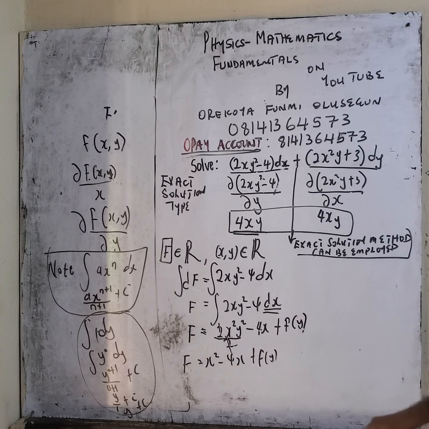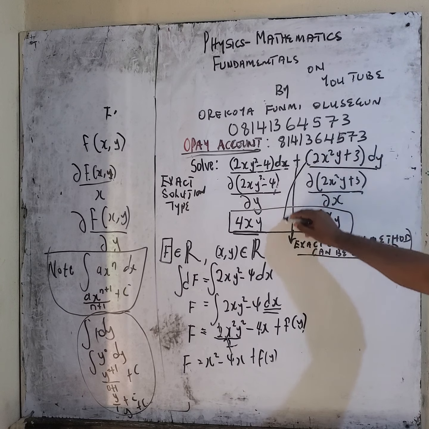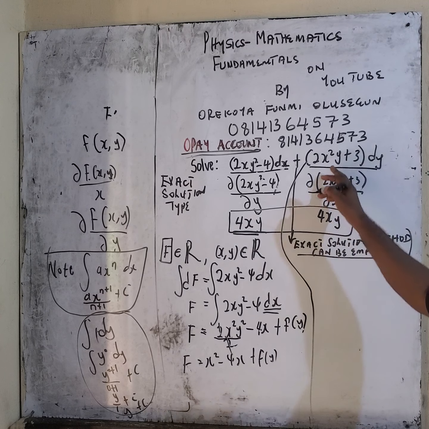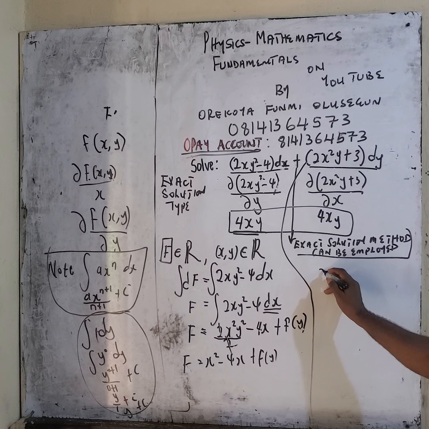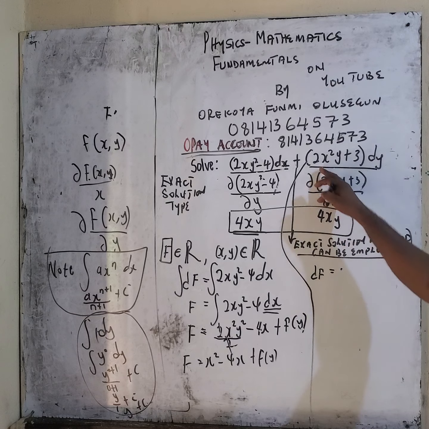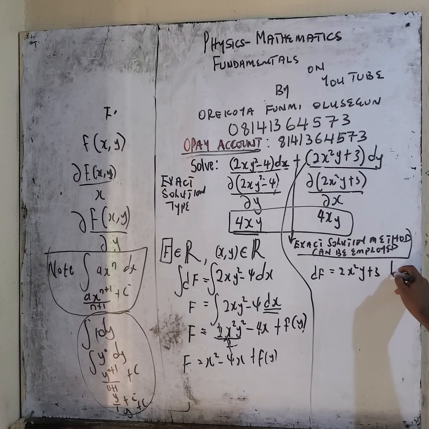Now, what do we do? If you go to this other side that we have here, we can say that the partial derivative of f with respect to y is equal to 2x squared y plus 3.